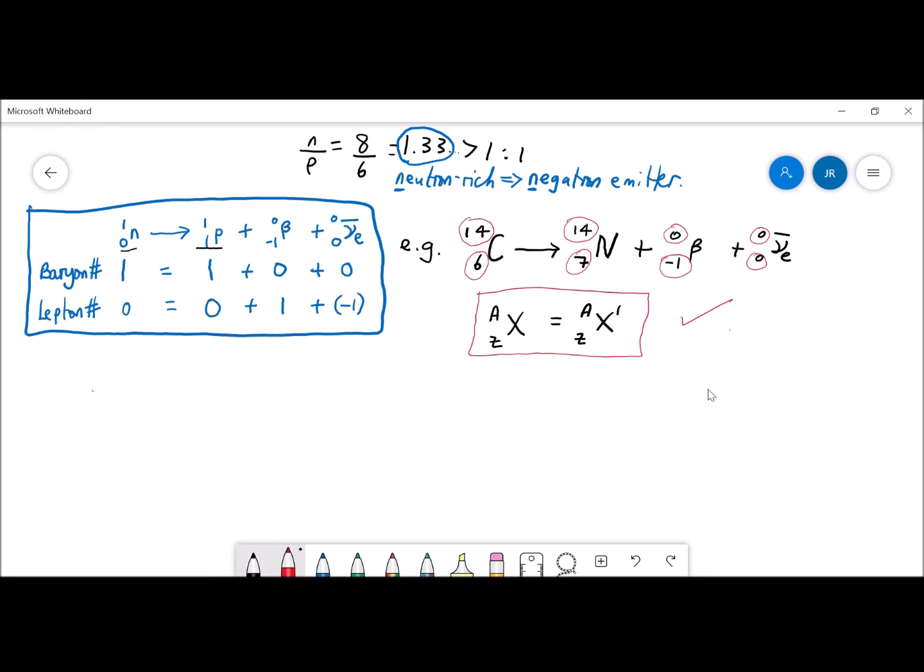So recall, a positron emitter would be proton rich.